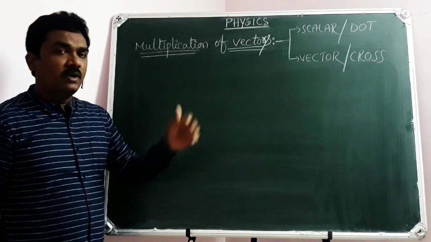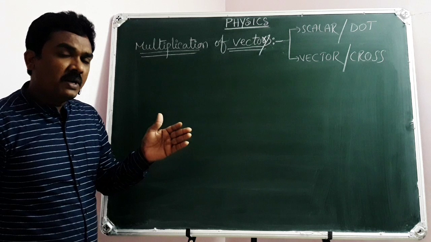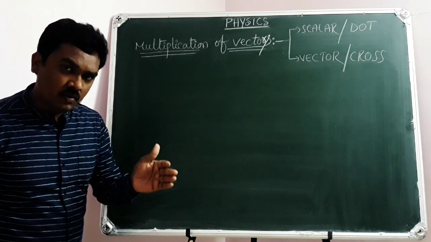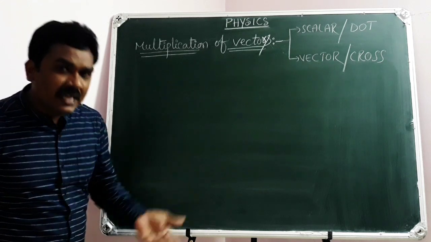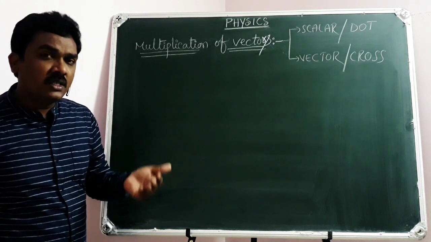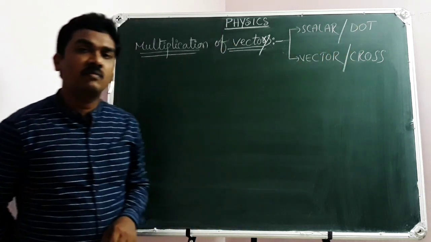Here the method itself will give the meaning. When we are talking about the multiplication of any two vector physical quantities and their combined product is going to be a scalar, then we define such product as scalar product or dot product.